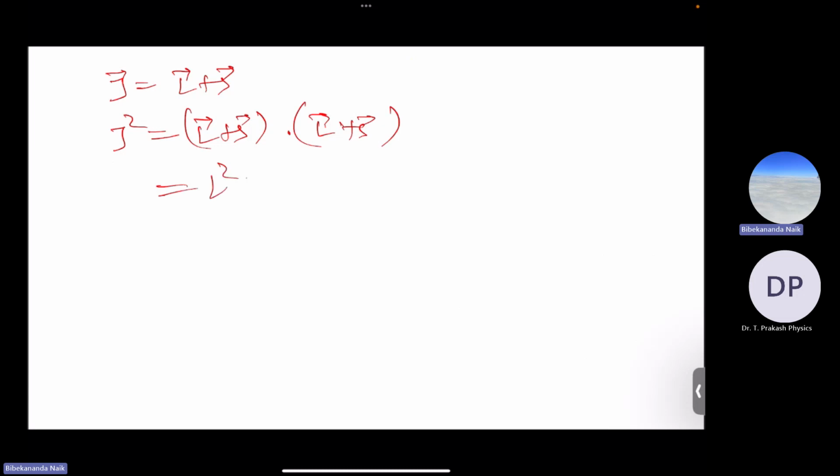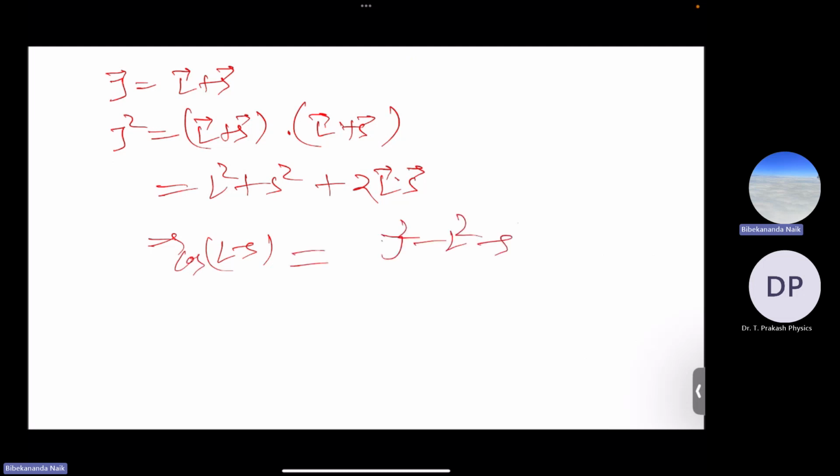Now we will find the expression for the angle between L and S. J vector is equal to L vector plus S vector. So J square is equal to L vector plus S vector dot L vector plus S vector. It will be L square plus S square plus 2 L vector dot S vector. So the angle between L and S is given by J square minus L square minus S square divided by 2LS.